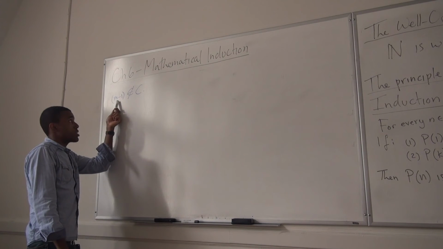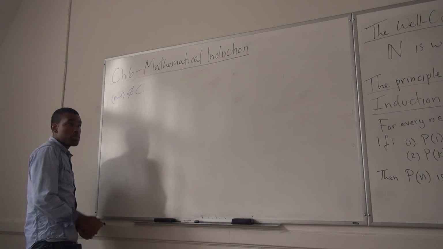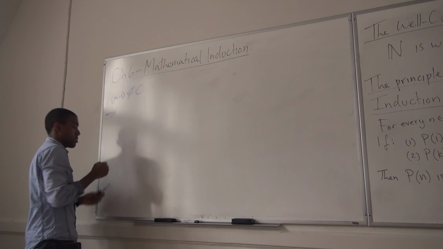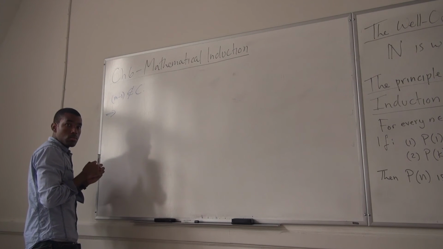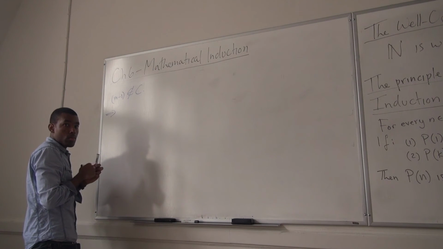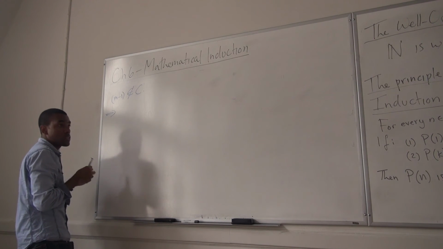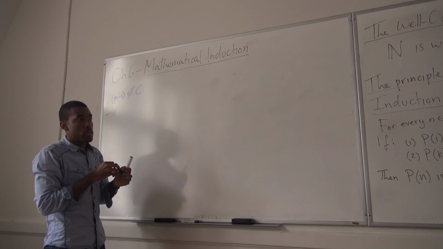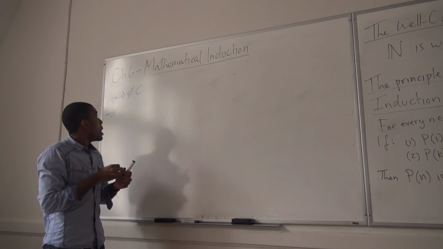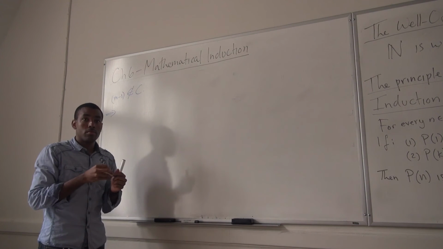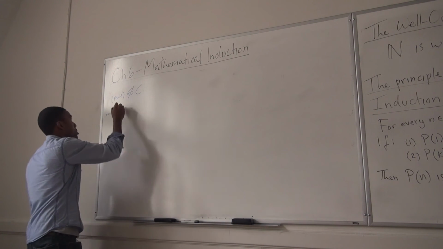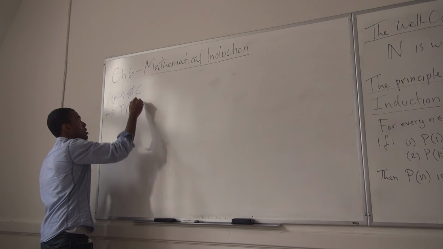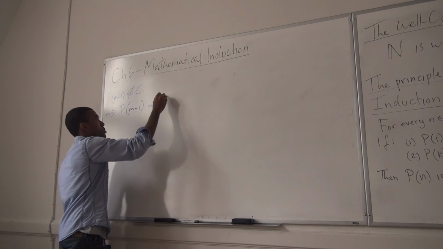If this is a natural number that's not in C, what does that mean? C is the set of all natural numbers for which P of n is false. n minus 1 is not in C, so P of n minus 1 must be true.